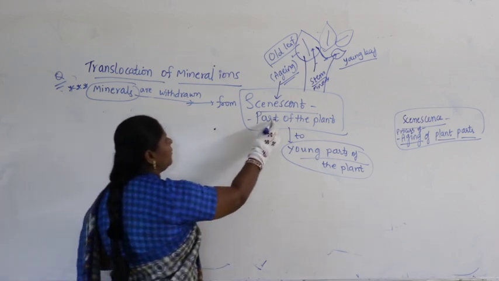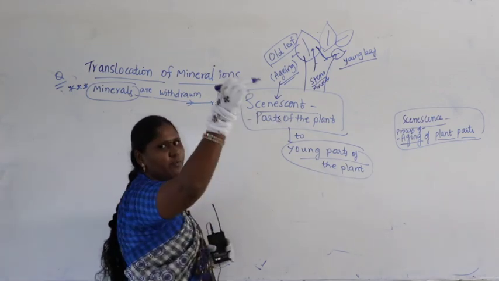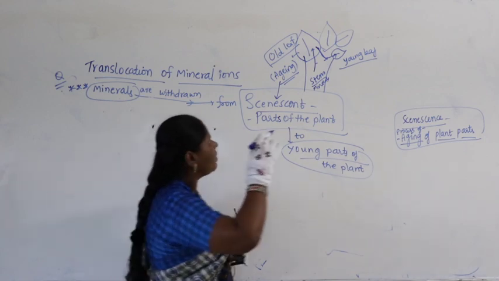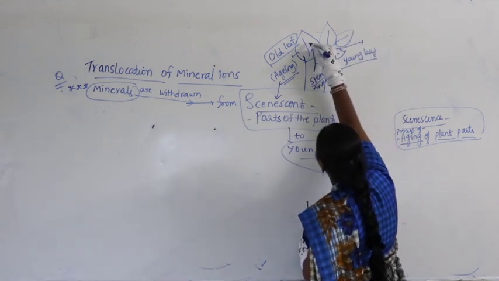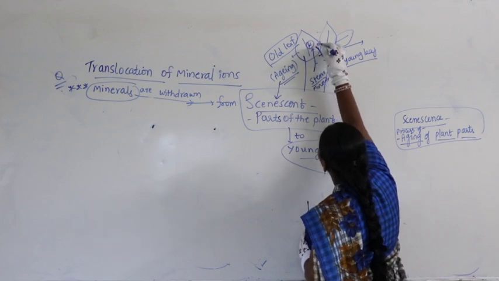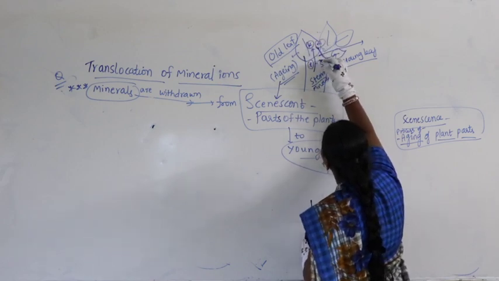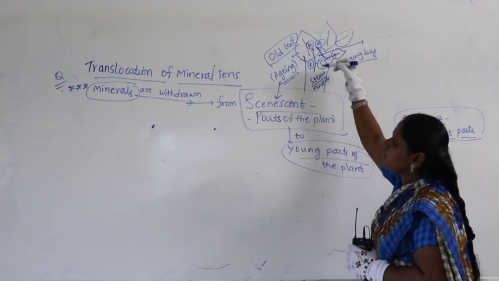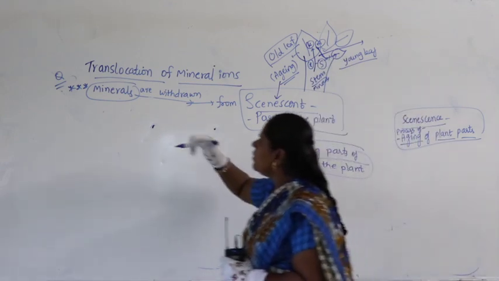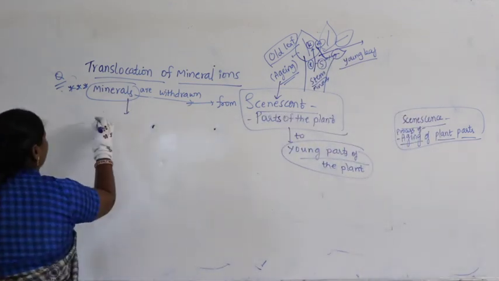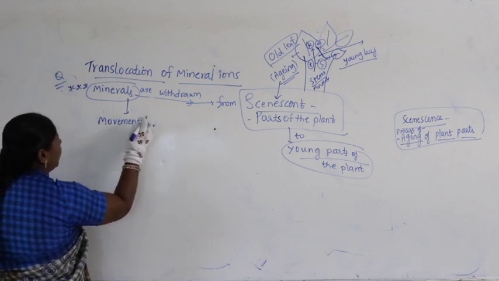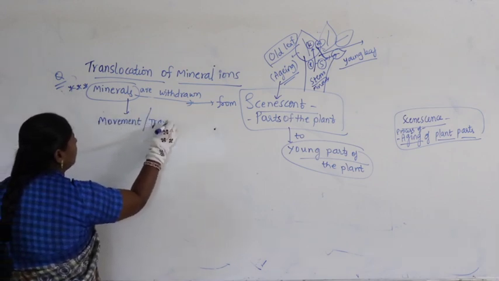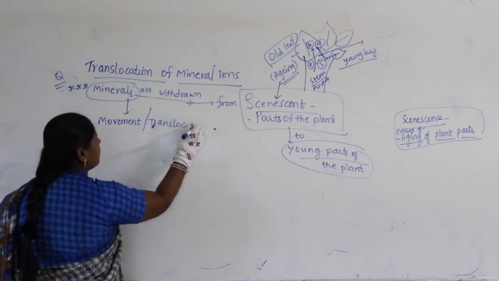So here when you see that there is a movement of minerals, maybe potassium or nitrogen, phosphorus, sulfur, they keep showing the movement. So when you talk about movement, or we call translocation, meaning long distance.